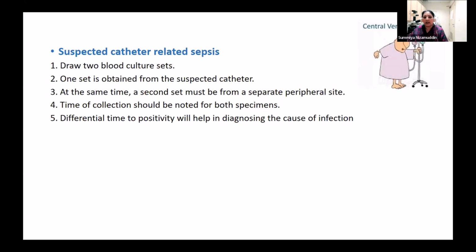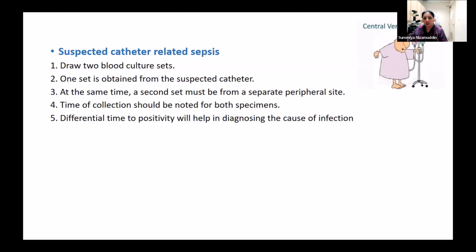Okay, so for example, if your line is colonized with bacteria, then the sample drawn from your line will have more bacteria than the sample drawn from your peripheral side. So if your peripheral blood culture bottle turns positive 2 hours before your catheter bottle, it means that your catheter is not the cause of infection. There is some other source of your infection in this scenario.